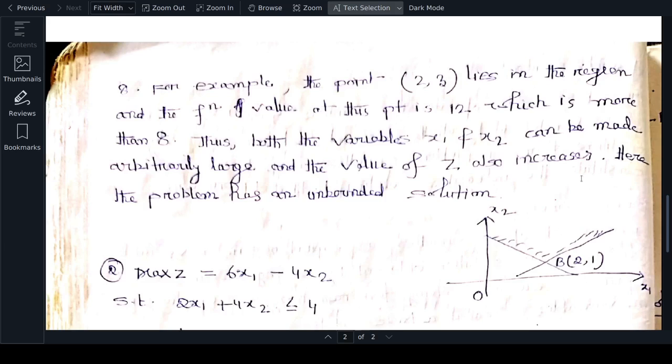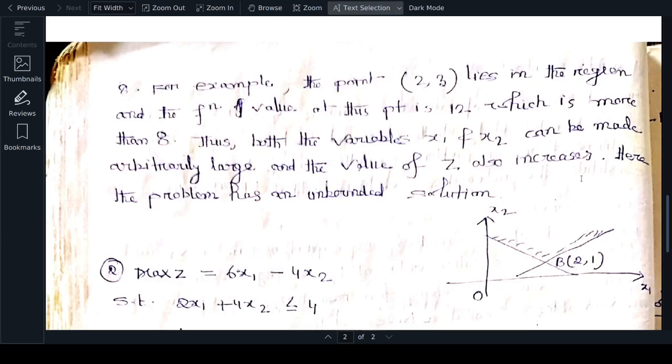The line is 0, 3 and 3, 0. So we will not consider what is outside this region. So clear?